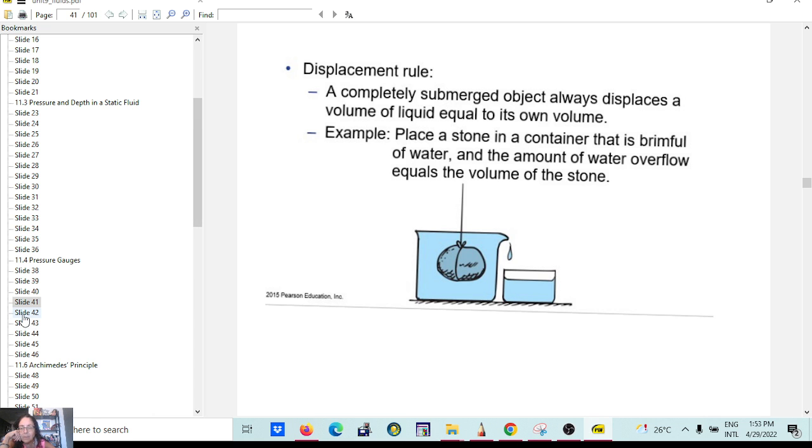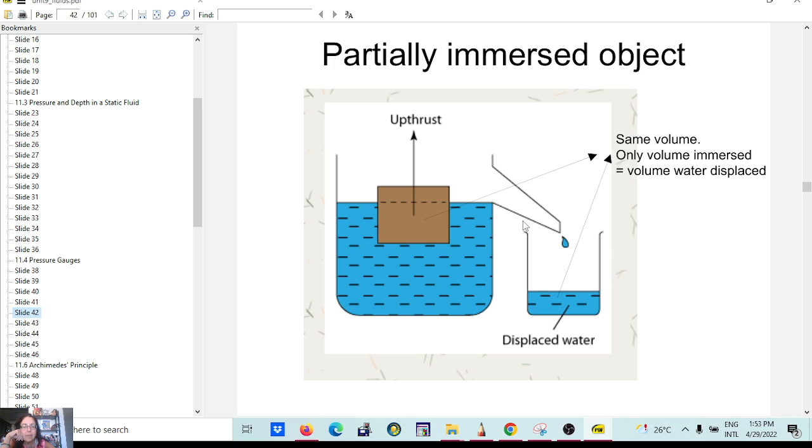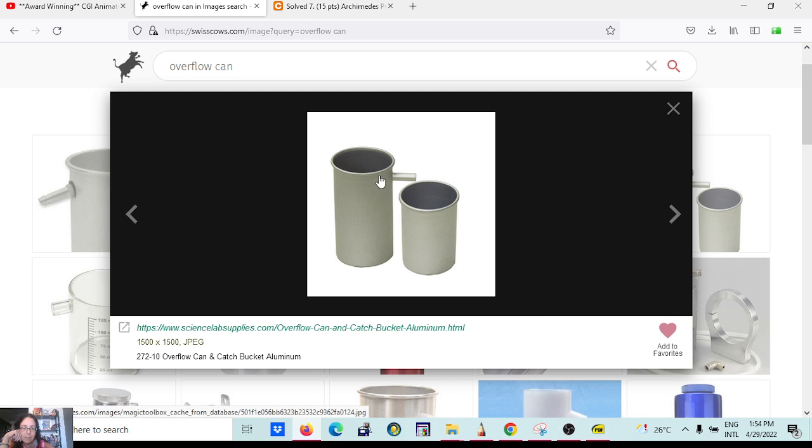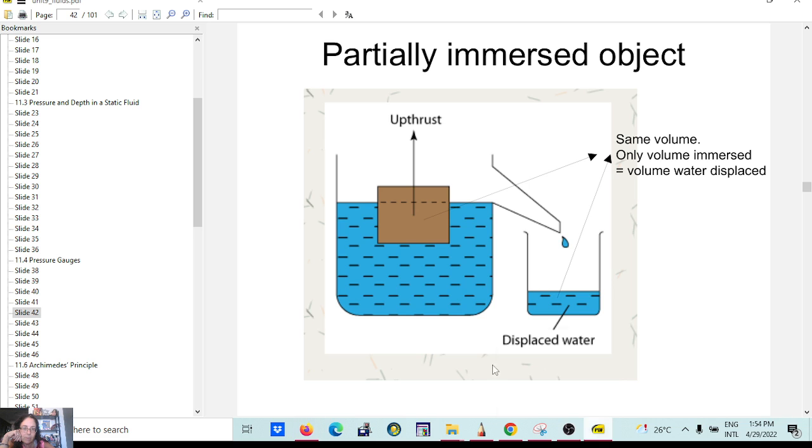Okay. The other thing I want to bring up is that if you have an object that is floating, so it's partially submerged, okay? It's not totally submerged. So you still use the same device here, but instead of a piece of iron that will just go to the bottom, you are using maybe a piece of wood, and the piece of wood is floating, but it's still gonna displace some water, right?